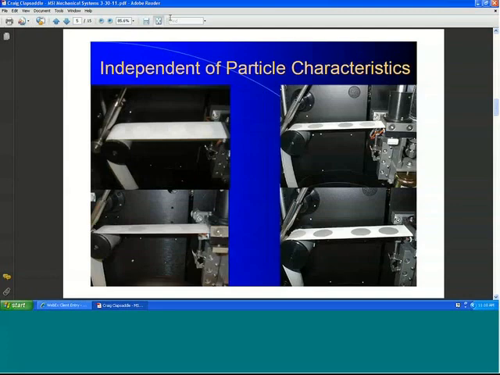I happened to be there to snap that picture when that happened, and I got on the phone real quick and called the control room and asked them if they had done anything differently, and they said no, they hadn't, but certainly the particulate had changed color, and it happens very quickly, and we see this all over the country at our installations. The particulate does not remain constant all the time.